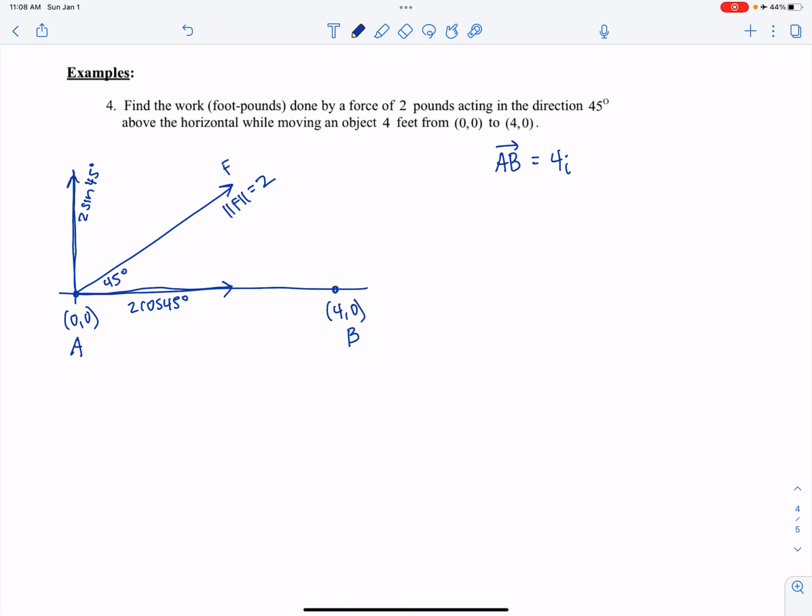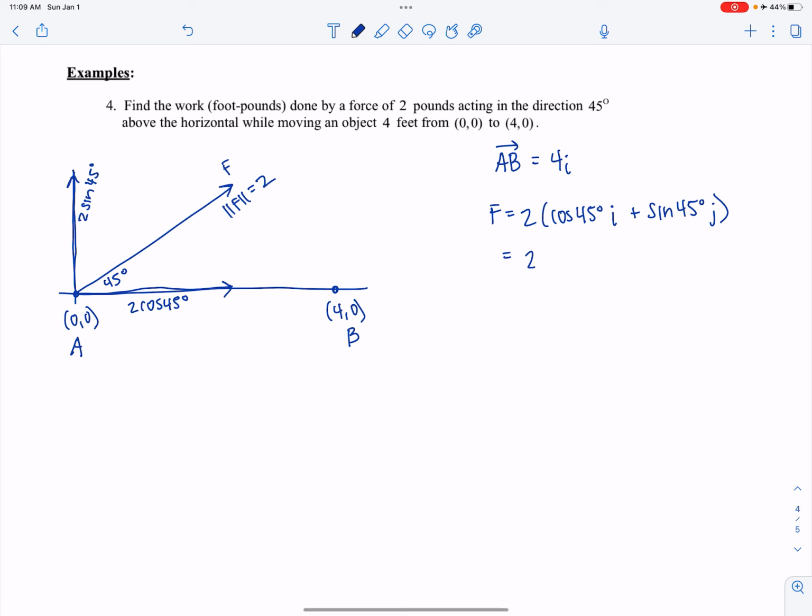Our F, this vector F that we've drawn at our 45-degree angle, is represented by 2 times cosine 45 i plus sine 45 j. That's our F vector. And what is cosine of 45 and sine of 45?